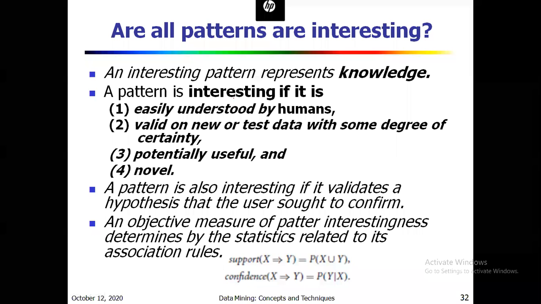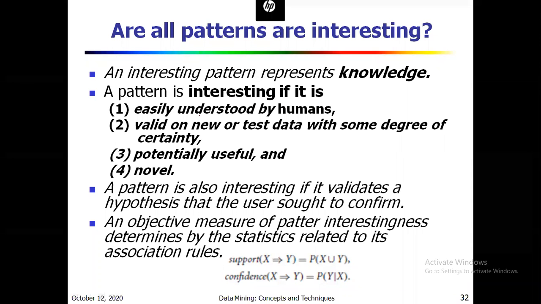So a pattern is interesting if it is easily understood by humans. It is valid on new or test data with some degree of certainty. It is potentially useful and it's novel.